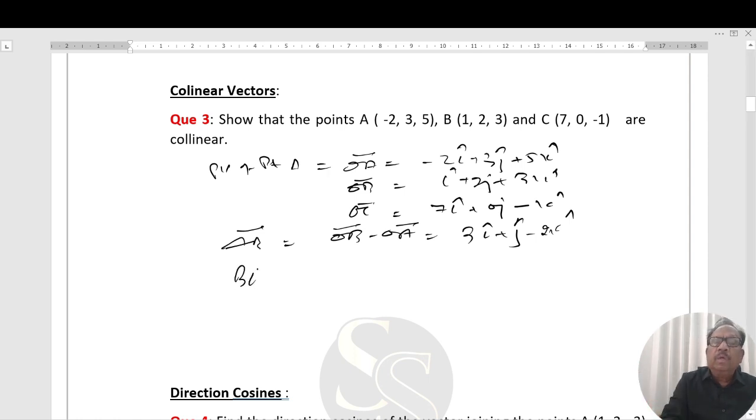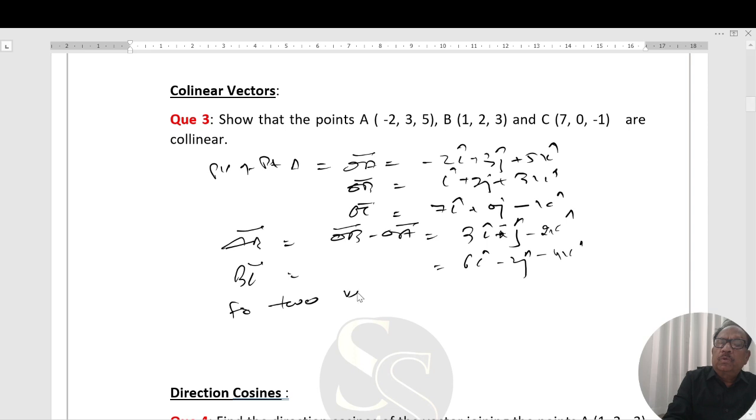And BC will be OC minus OB: 7i minus i is 6i, 0j minus 2j is minus 2j, and minus k minus 3k is minus 4k. So BC is 6i minus 2j minus 4k.